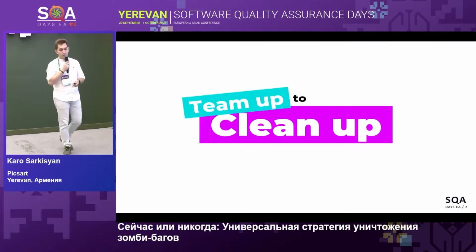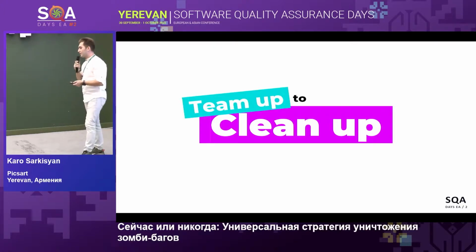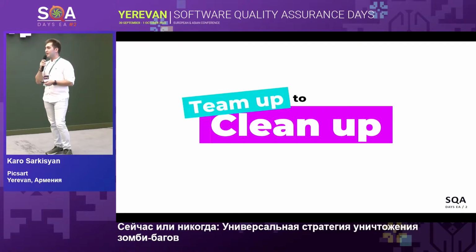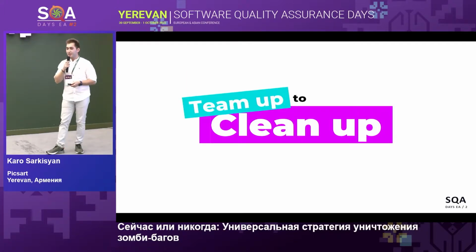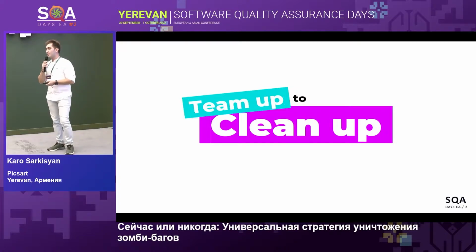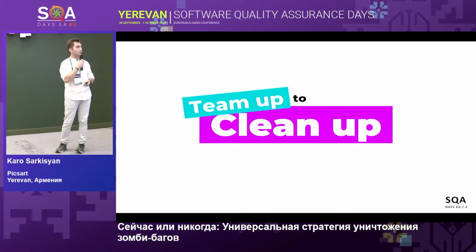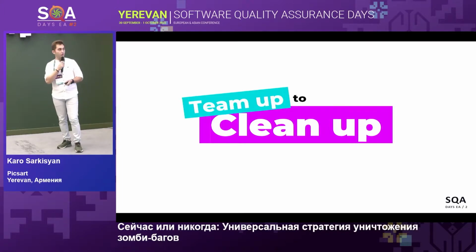But in our case, when about 30 teams are working on a single project, it is very difficult to do a cleanup process alone. Teams should work on the cleanup process as well, take the responsibility, take the ownership. So team up to clean up. All should work together.